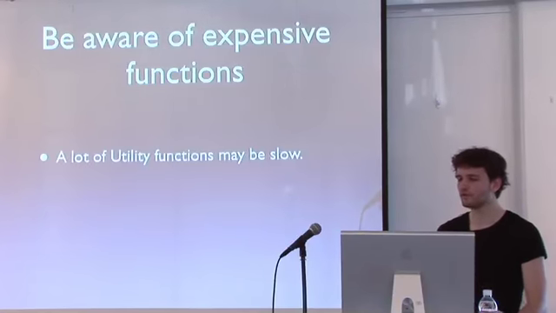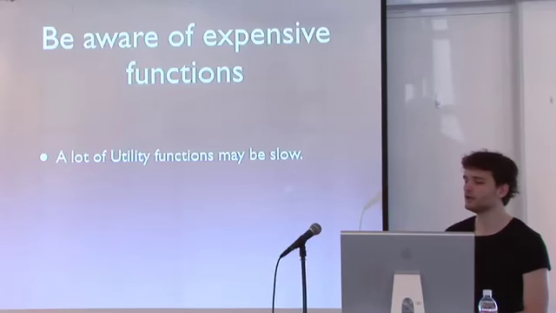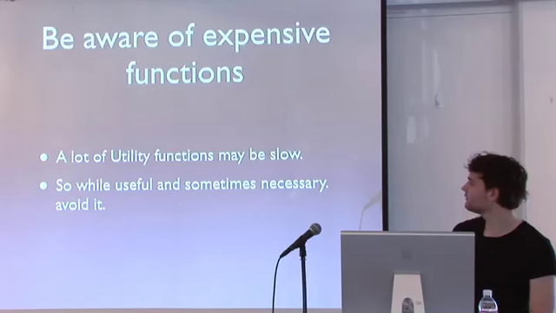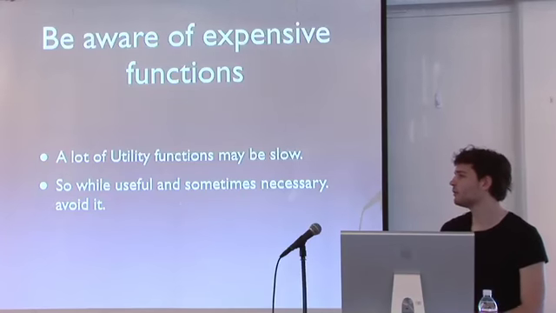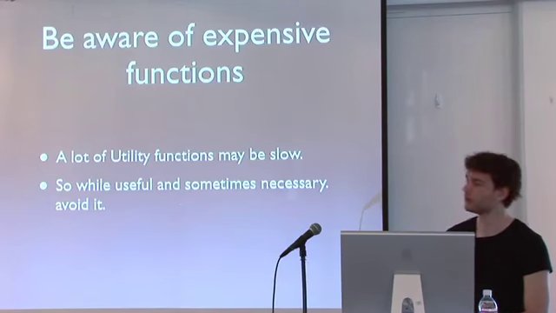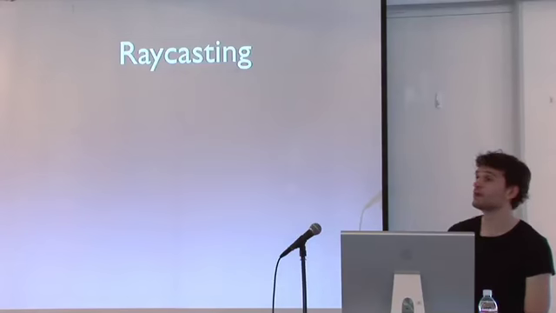So there are a couple of utility functions in Unity which may be pretty slow, and they're really useful, but if you care about performance, then you want to optimize them away in certain cases where your game is slowing down. So the first thing is raycasting.